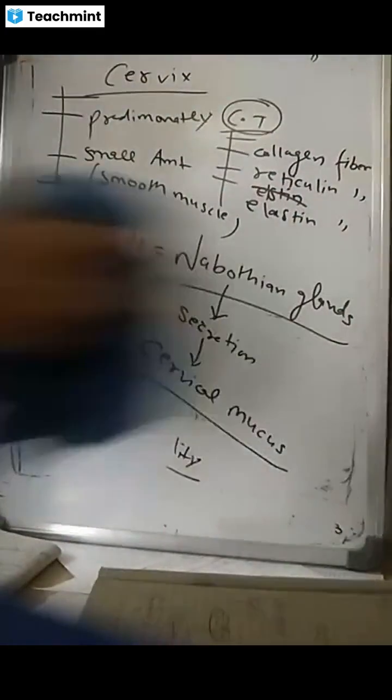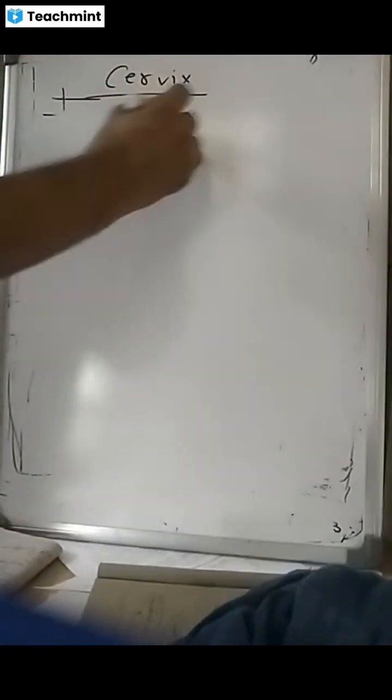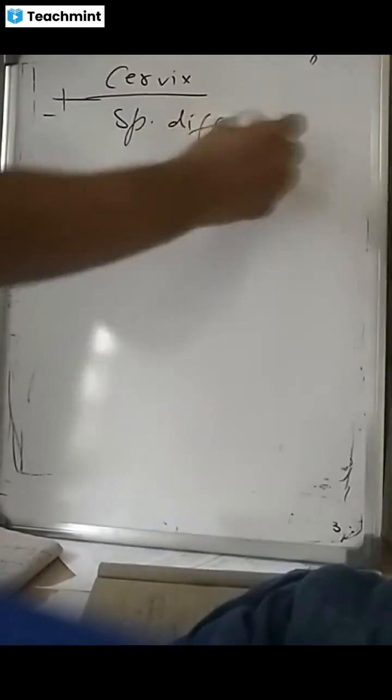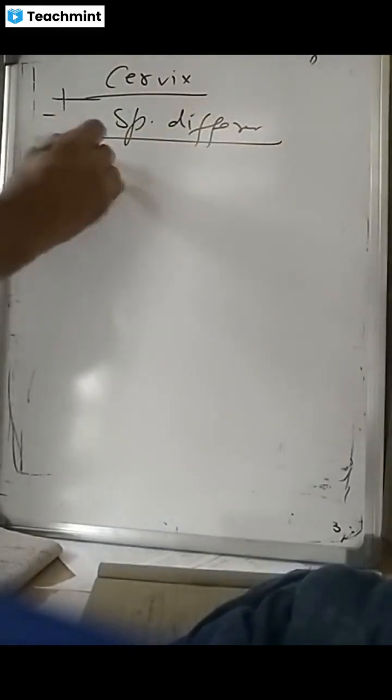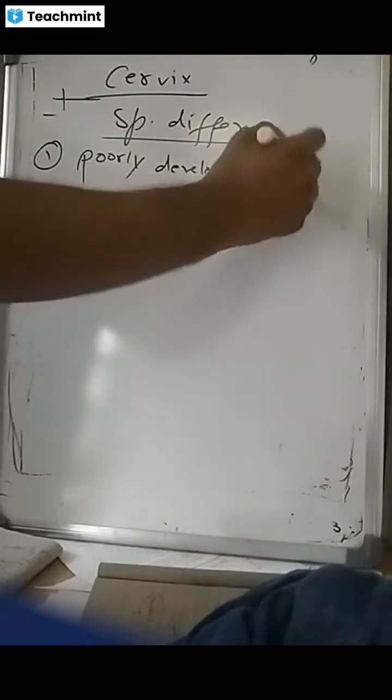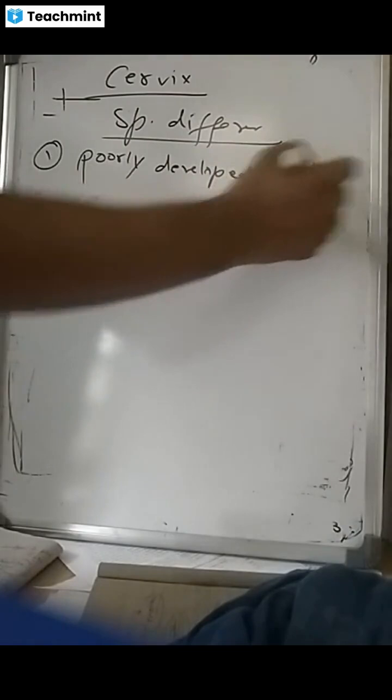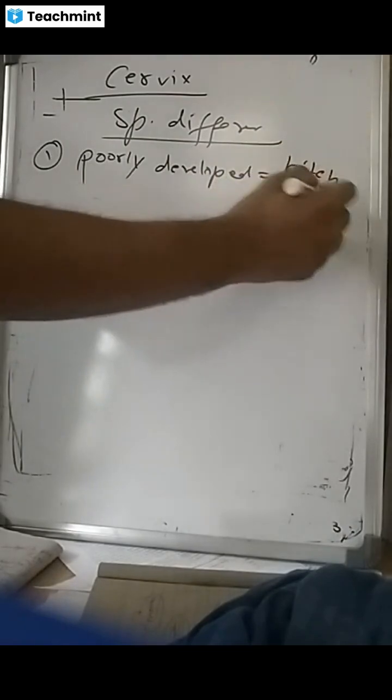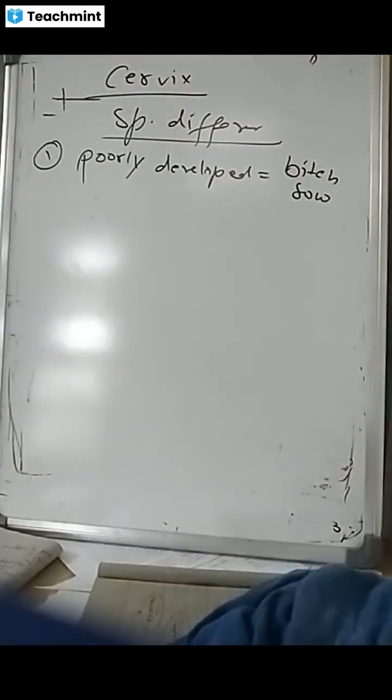First, we'll see the species differences of the cervix. Number one, it is poorly developed in multiparous, litter bearing animals.